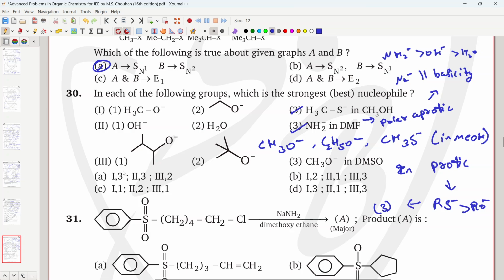Now for option 3, you have to compare isopropoxide, tert-butoxide, and methoxide in DMSO. SN2 nucleophilicity depends strongly on steric hindrance. In DMSO, CH3O minus is greater than the isopropoxide.